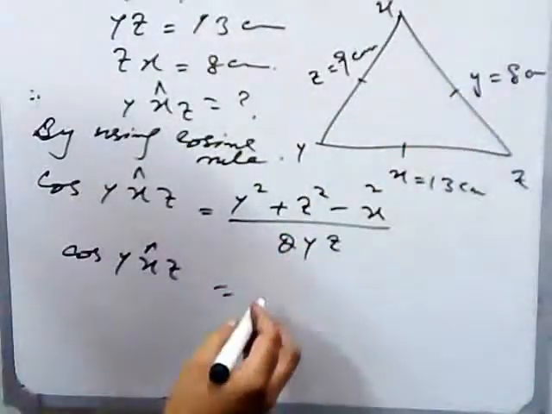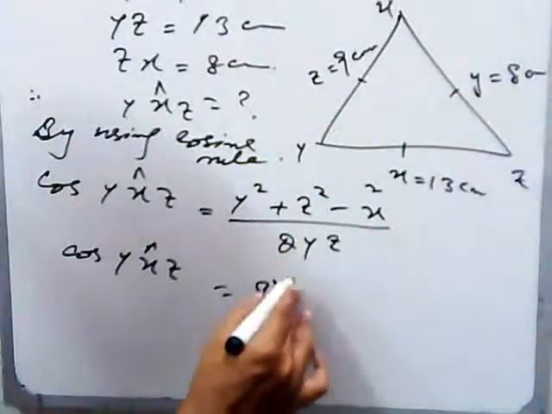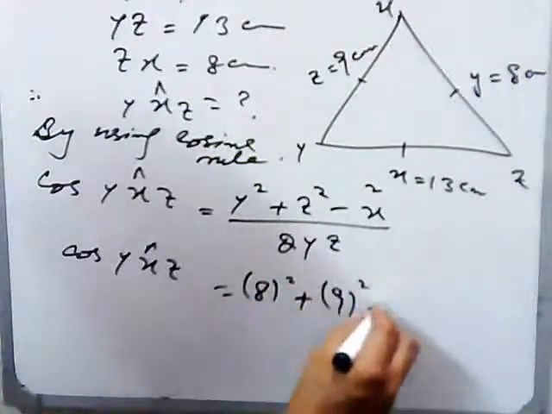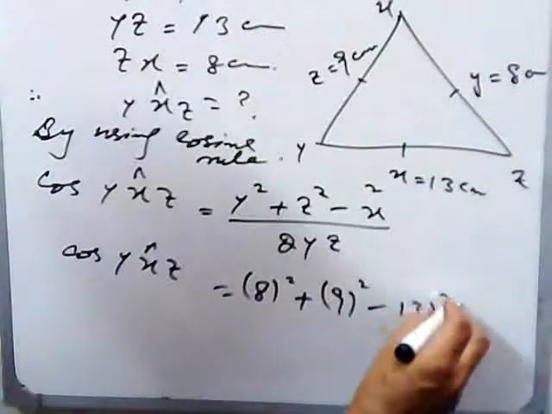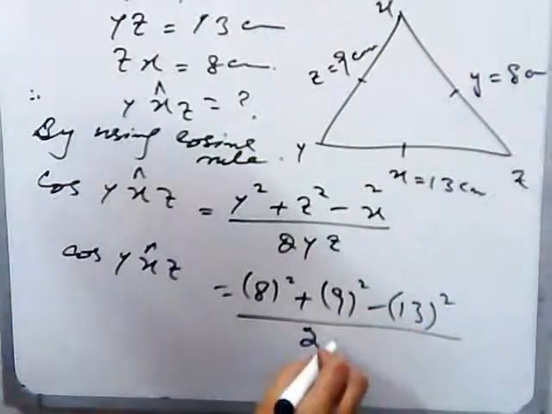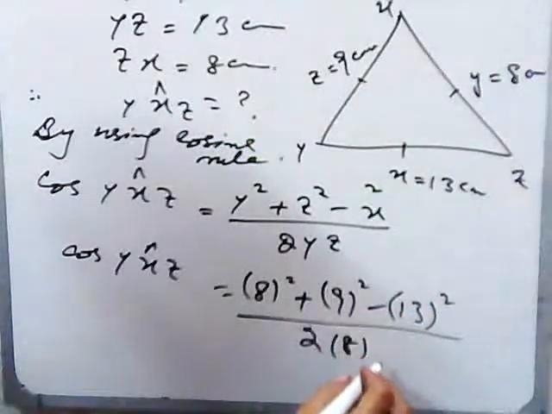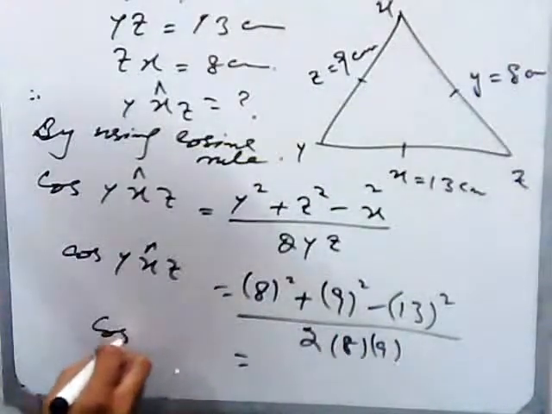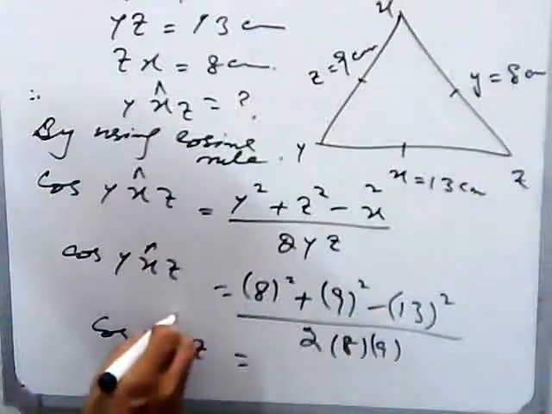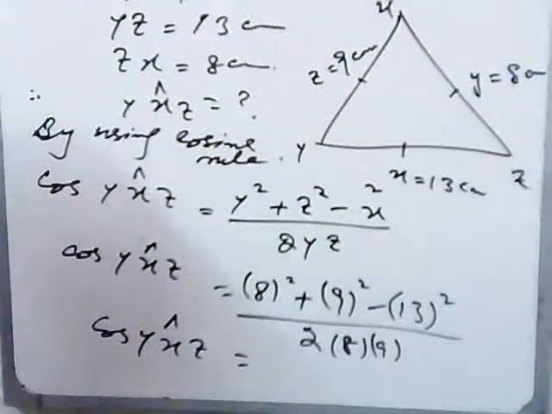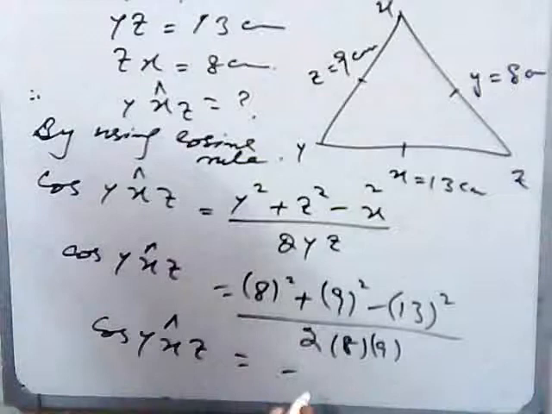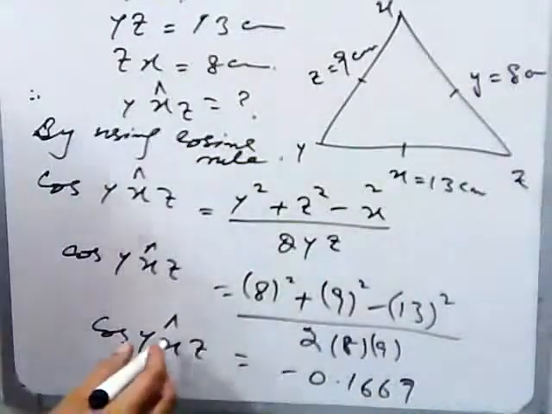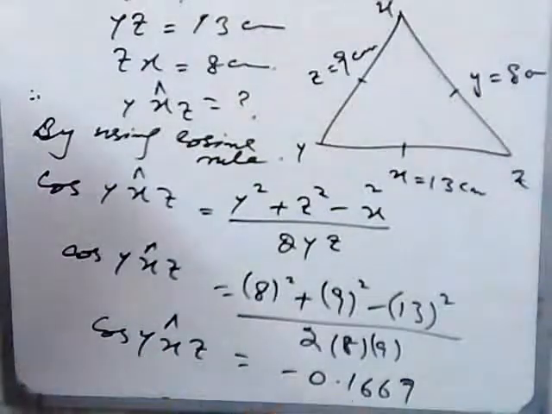You can see here the value of Y is 8 squared, the value of Z is 9 squared, and X is 13 squared, over 2YZ. After simplification the value of cos YXZ is equal to minus 0.1667, but we need this angle, so it will become cos inverse.